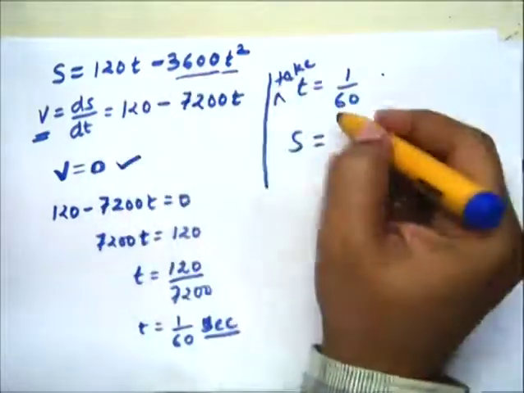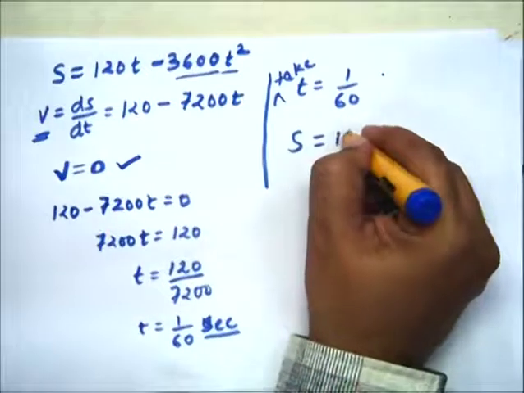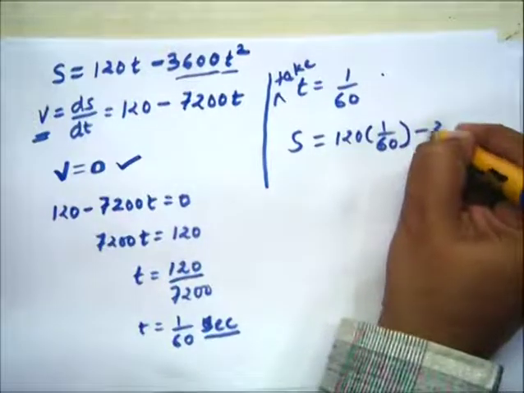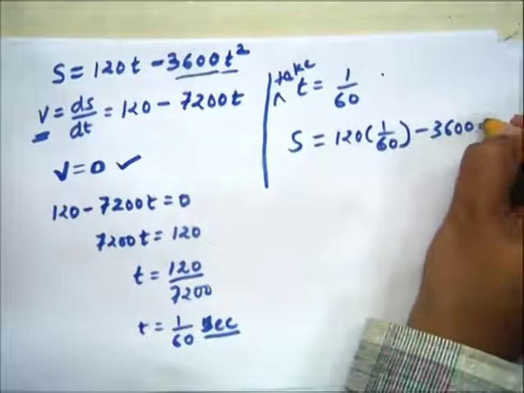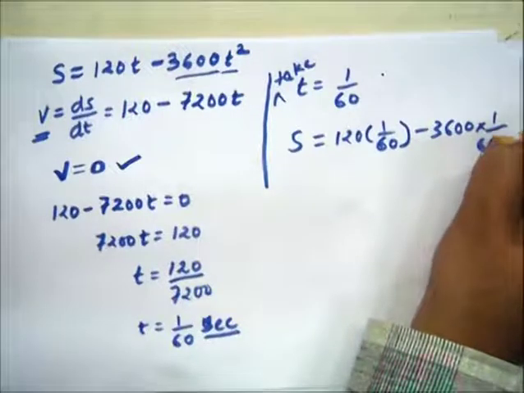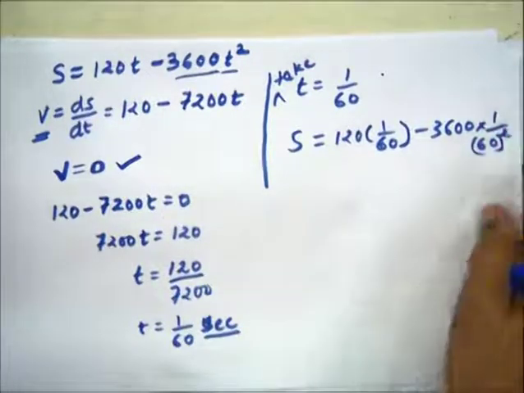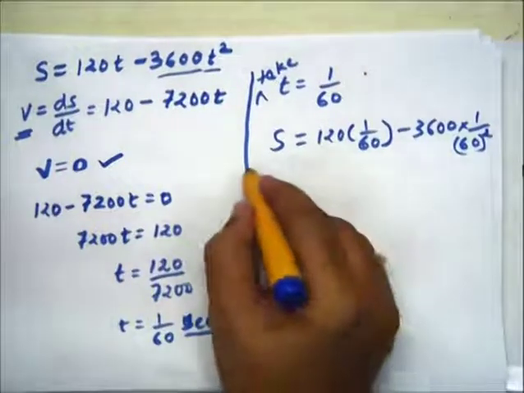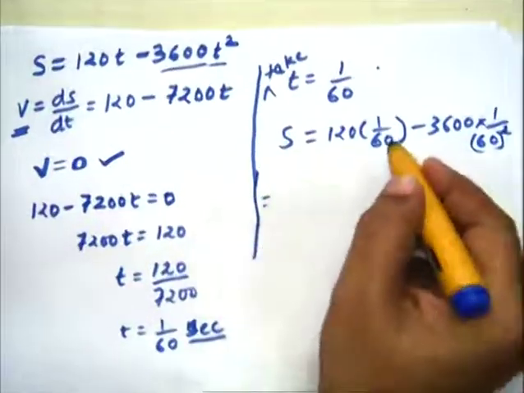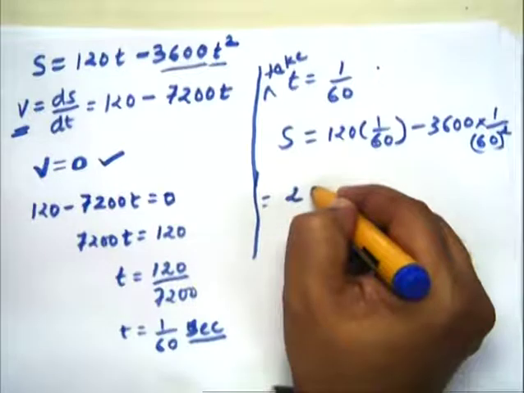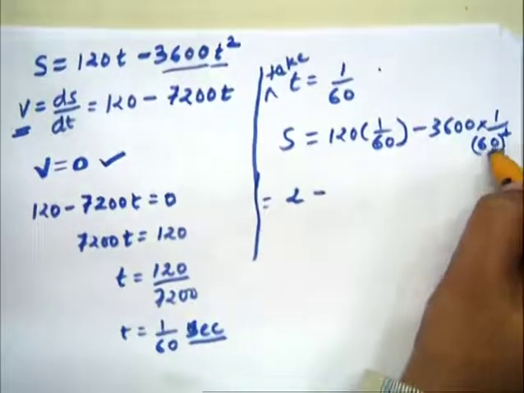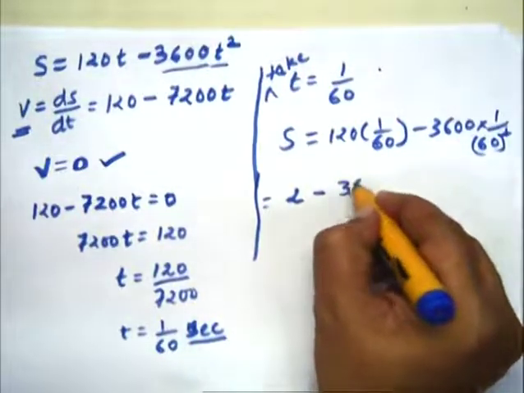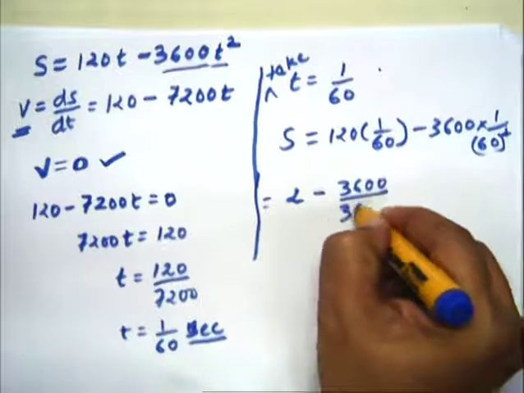If we put t equal to 1 by 60, we have 120 into 1 by 60 minus 3600 into 1 by 60 square. If we cancel it out, it is 2 minus 3600 upon 3600, since 60 square is 3600.